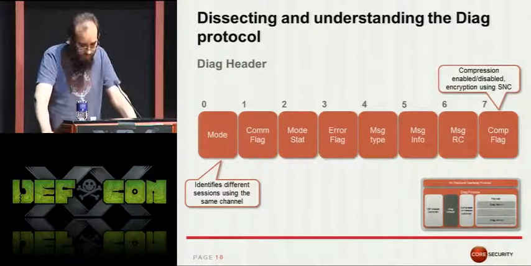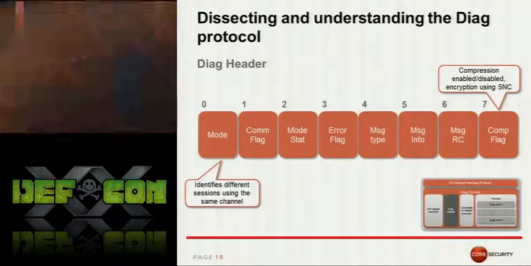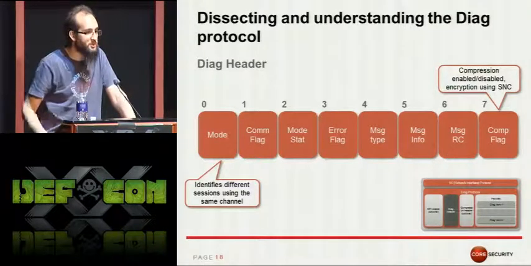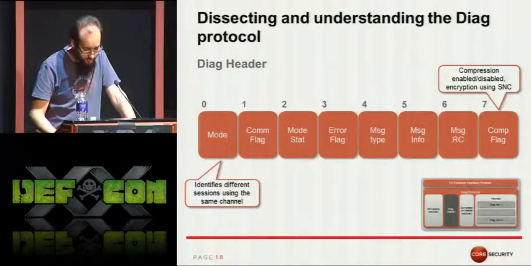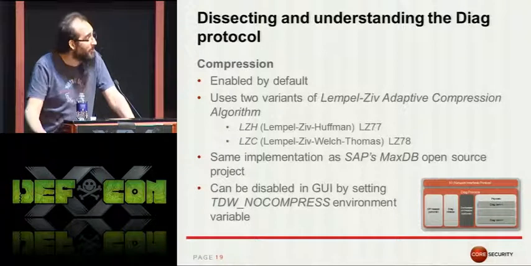The remaining relevant field is the compression flag, which is set to a different value when the compression is enabled or disabled, and when encryption is being used with SNC. So about the compression, well, it's enabled by default.